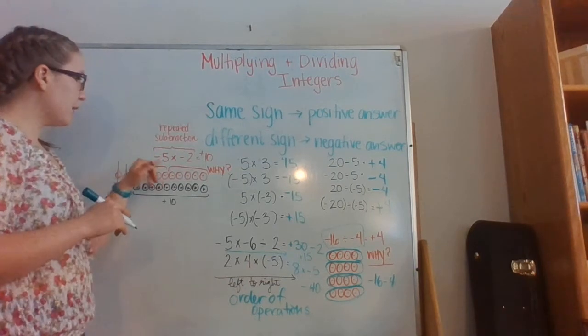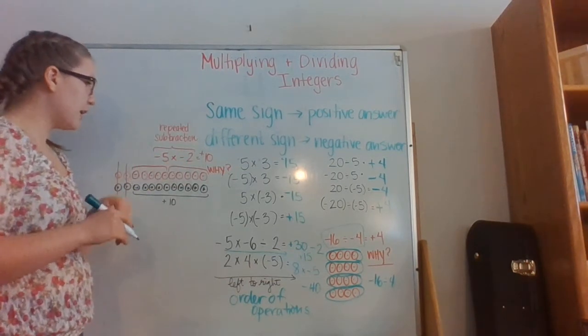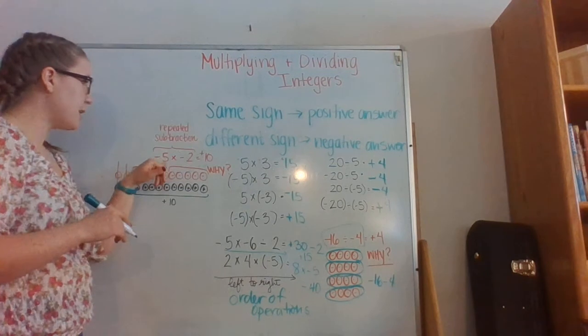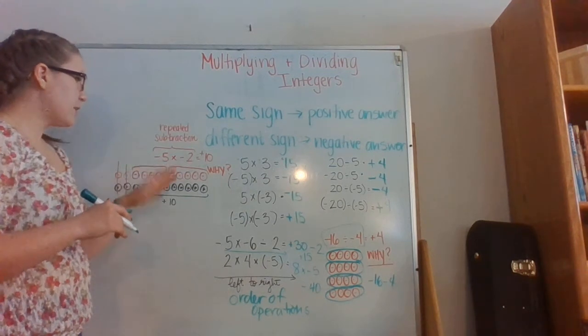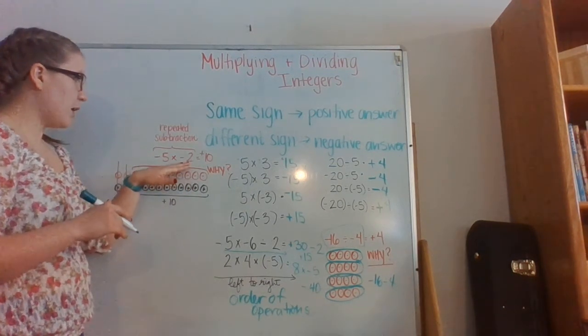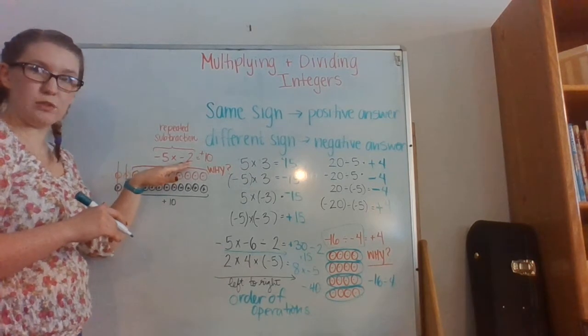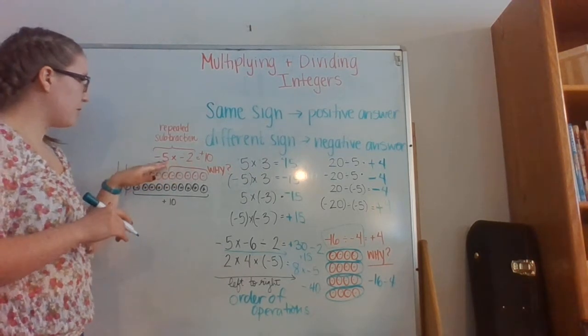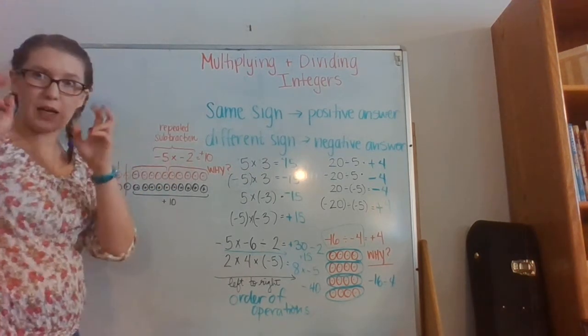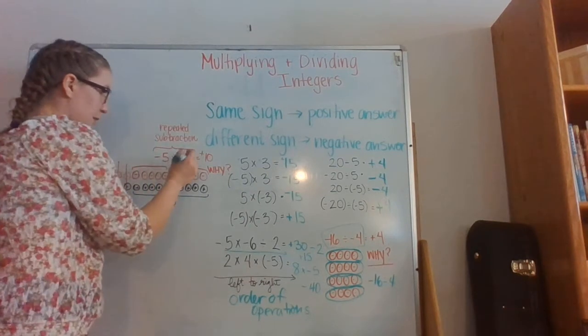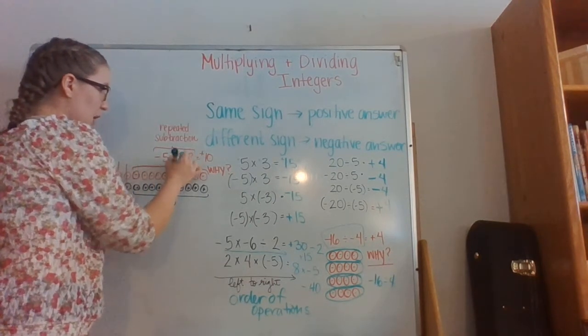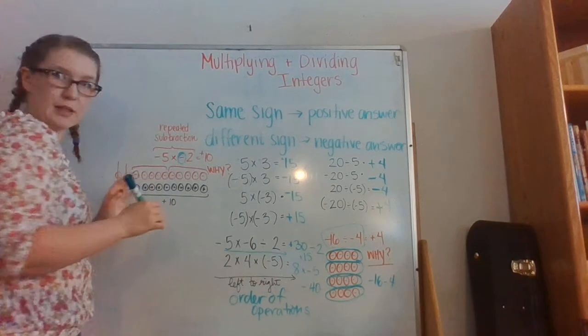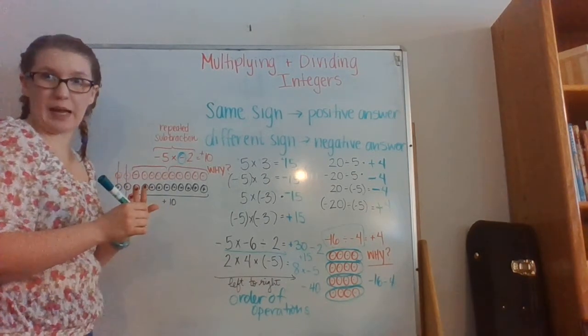So here, if I have negative 5 times negative 2, what I'm doing is I kind of modeled it as taking away 2 groups of negative 5. Now how did I get that take away? Because this is a negative number. So I'm taking away, that's what that subtraction sign means again.